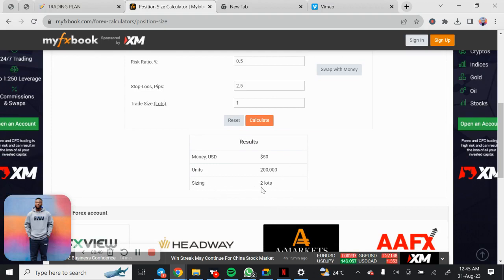Now you open your MetaTrader, you go to the execution page where you place the new trade. You place the new order.